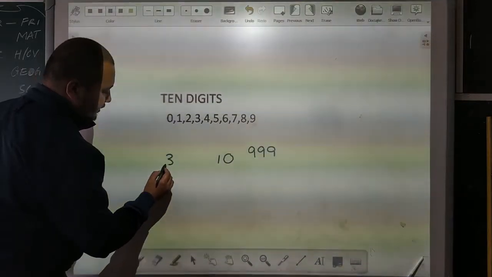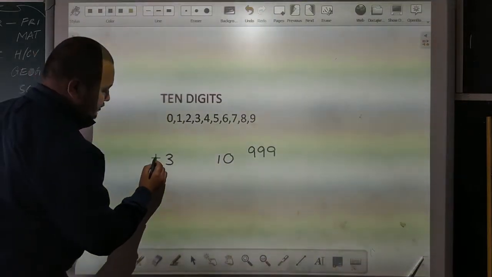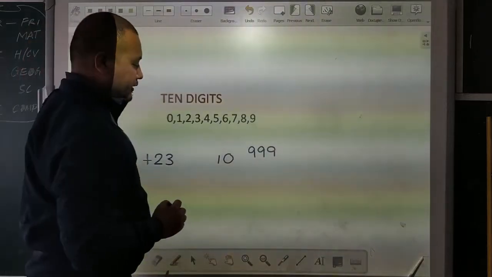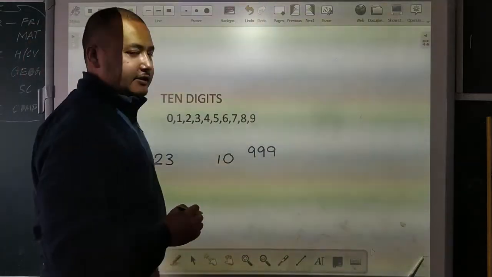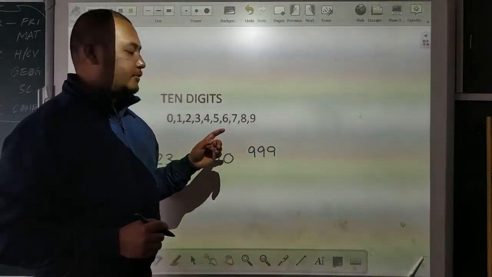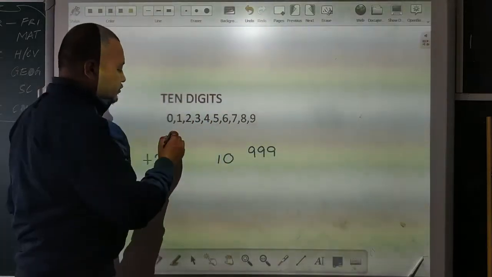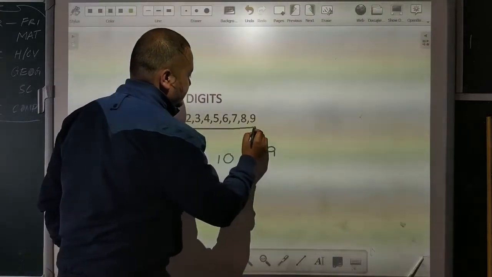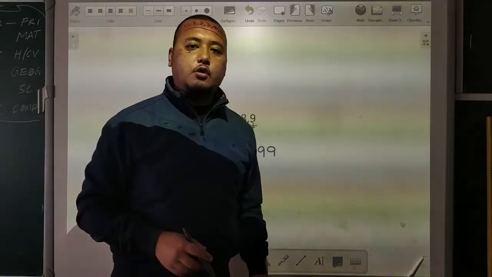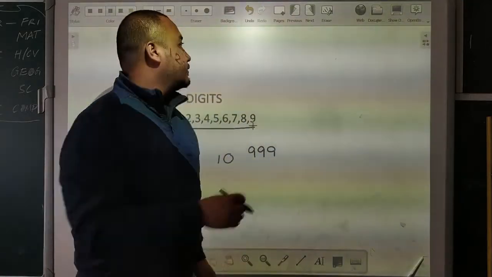We write 3 in the units place, 2 in the tens place, and 1 in the hundreds place. So in the decimal number system, or the Hindu Arabic number system, we use these 10 digits from 0 to 9 to write all the numbers.